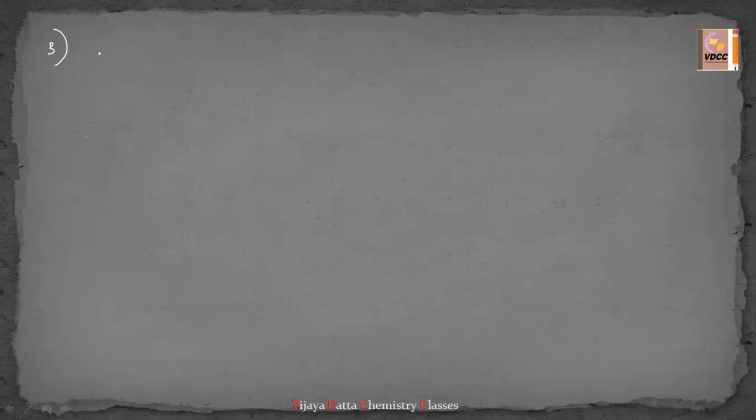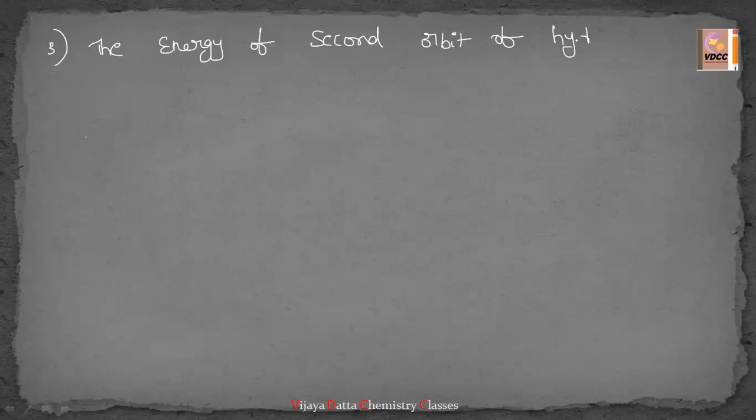The energy of the second orbit of hydrogen is equal to the energy of which of the following?